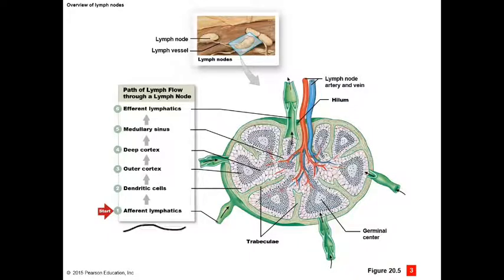Again, afferent, passing by where there are some dendritic cells, the outer cortex with B cells, the deep cortex with T cells, out the medullary sinus, and out the efferent arteriole. And lymph would then potentially go to another lymph node, where again there would be another opportunity for filtration and for the monitoring of these foreign bodies.